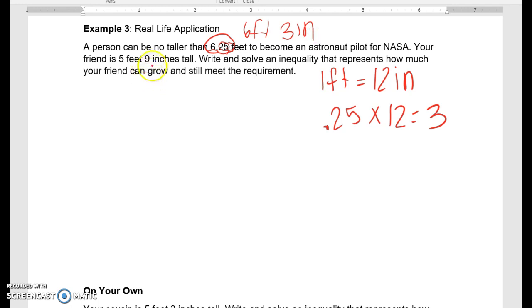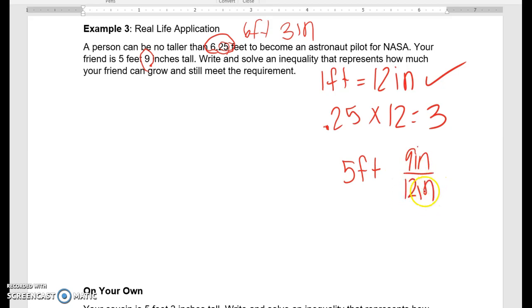And then with this one, I'm going to convert that to a decimal just so I can see both forms. It'll make more sense whenever we do the inequality. So with this one, since I know there's 12 inches in a foot, I have 5 feet, and then I have 9 inches over 12 inches.